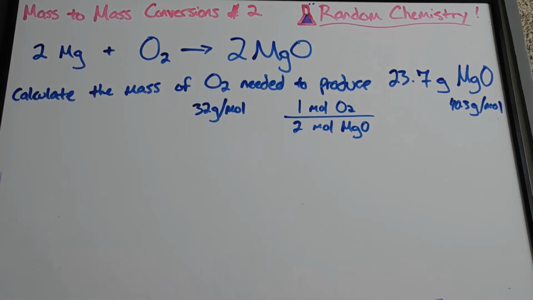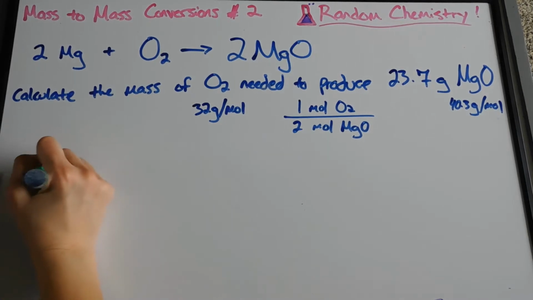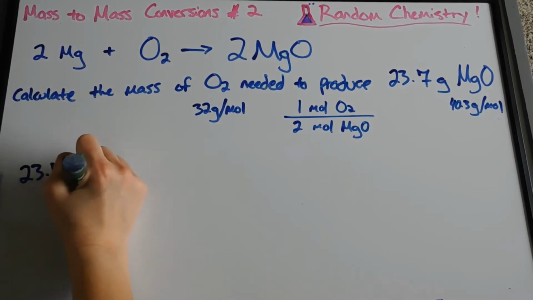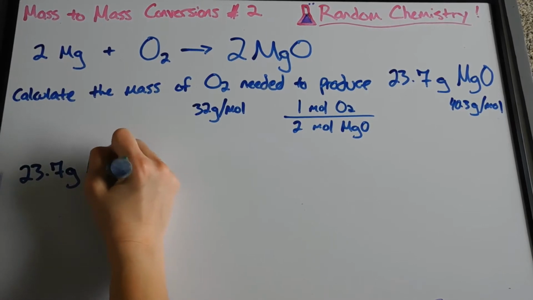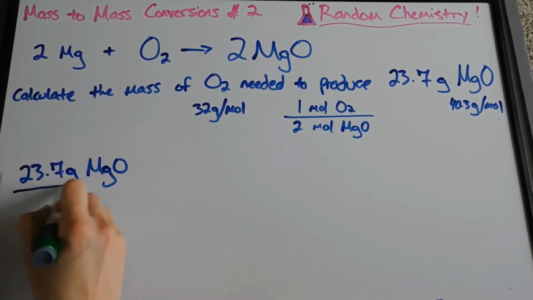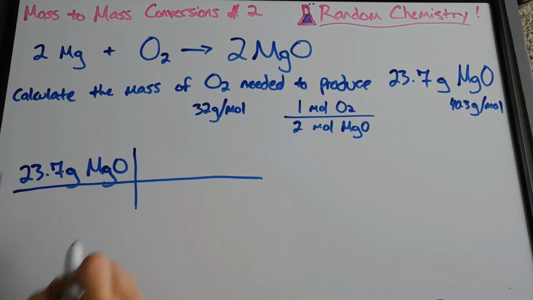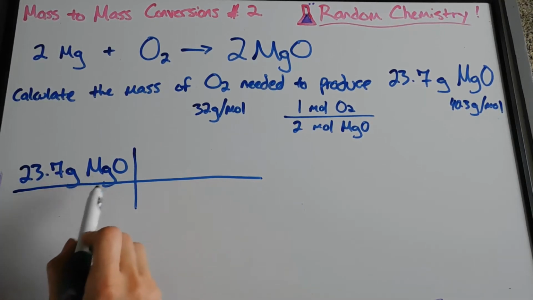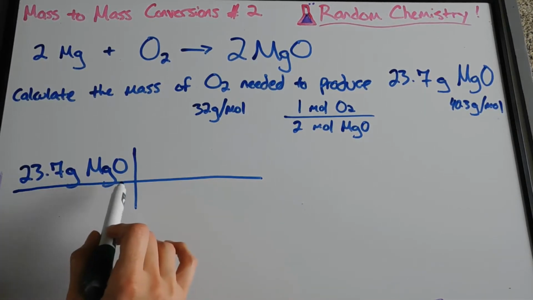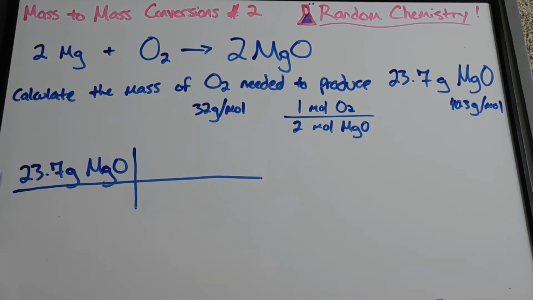We're going to start with what we're given. 23.7 grams of MgO. So I need to go from grams of MgO to moles of MgO, and I do that by using the molar mass.